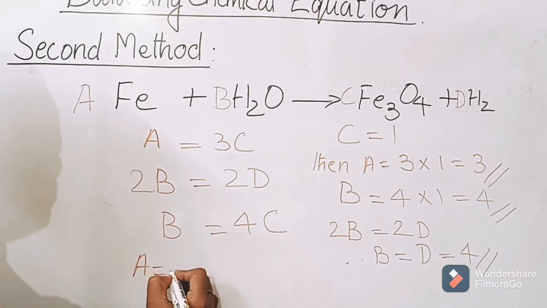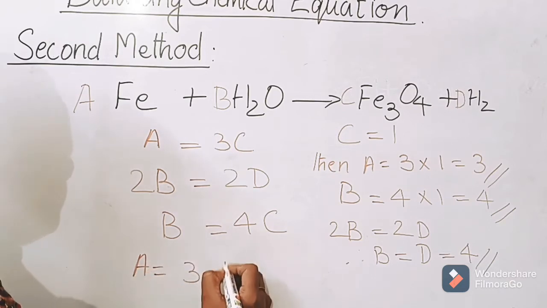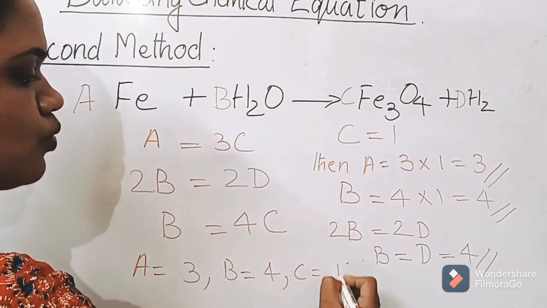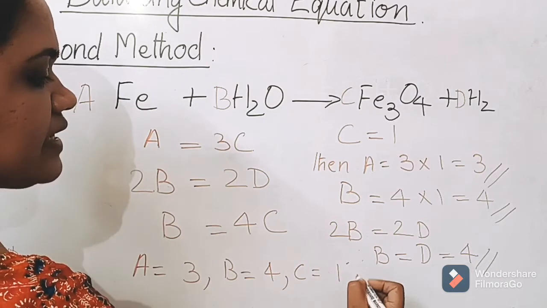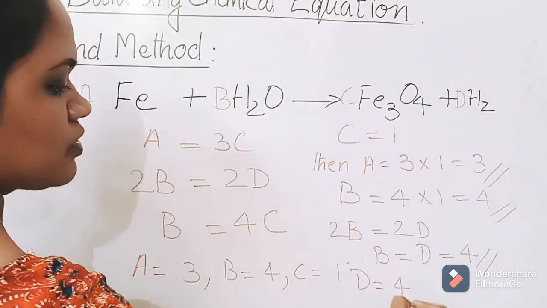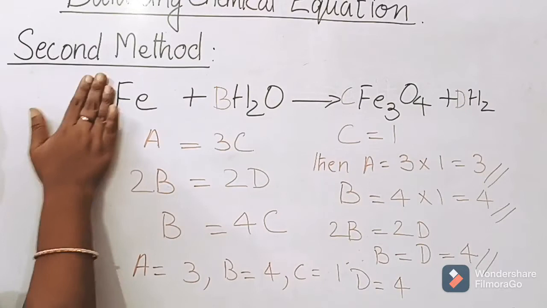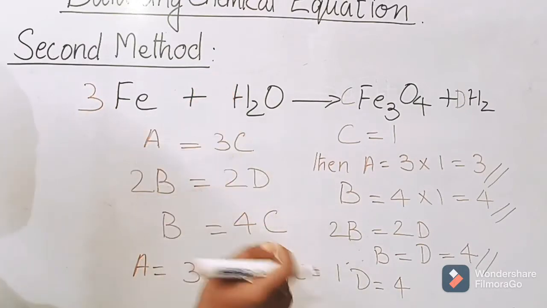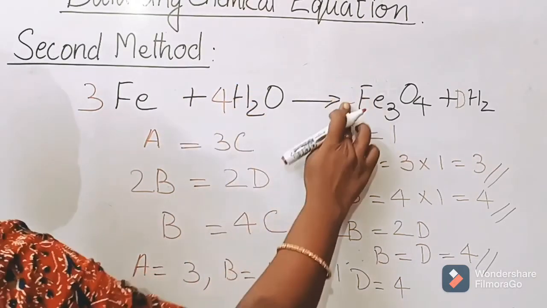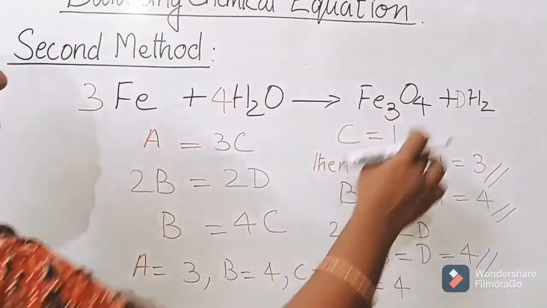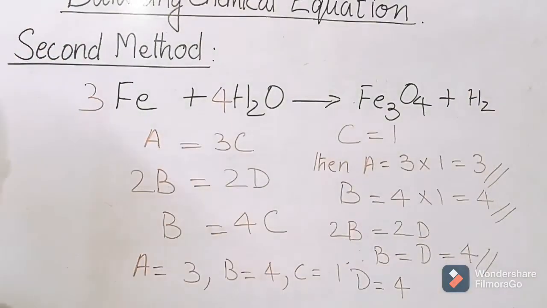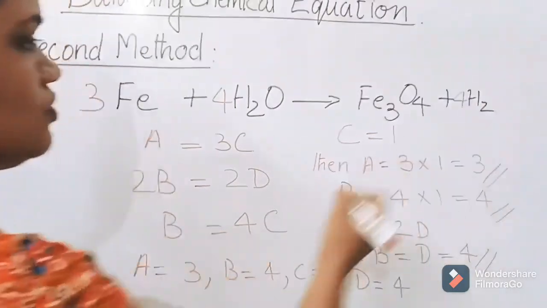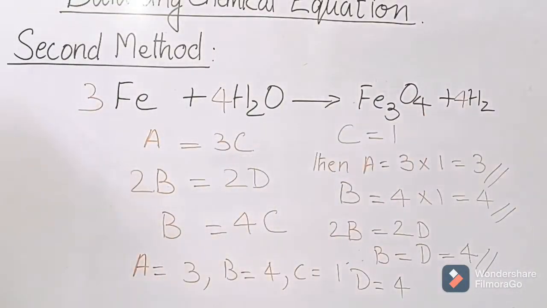A is equal to 3, B is equal to 4, C is equal to 1, and D is equal to 4. So this equation becomes A is 3, B is 4 and C is 1, so we don't write the 1 there, and D is again 4. Now, the equation is balanced.